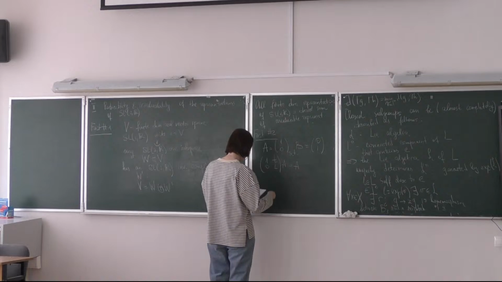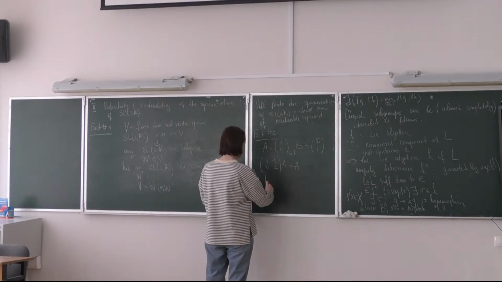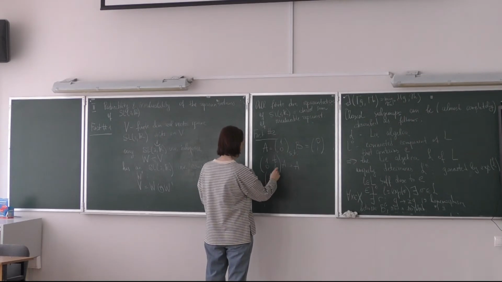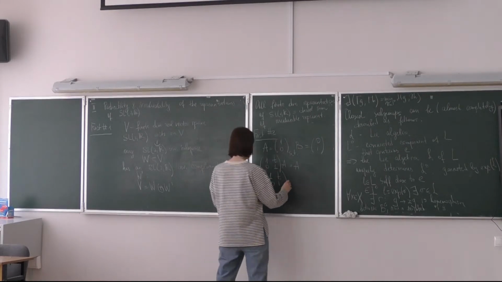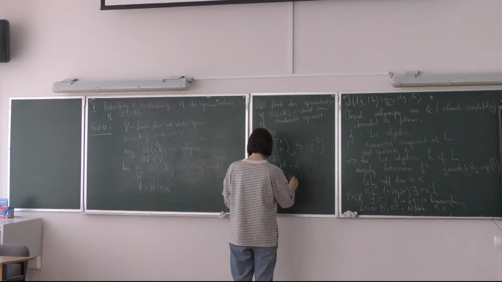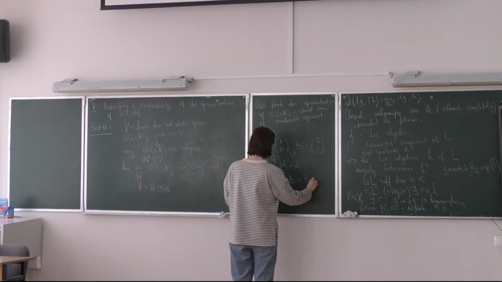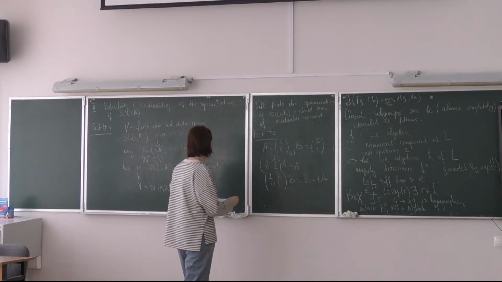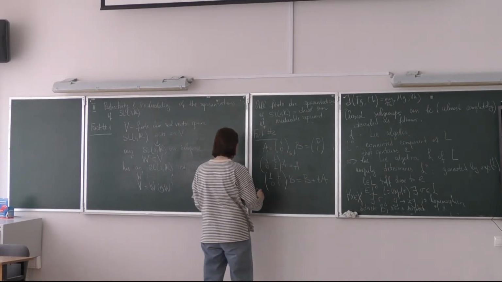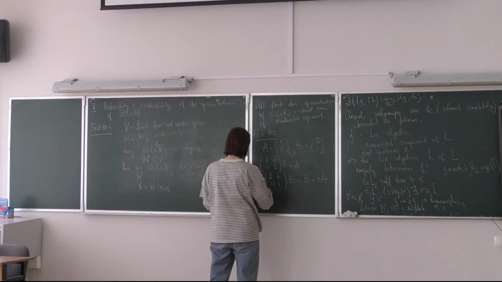And (1 t; 0 1) on B. What is it? It's B plus tA. So we can say that any irreducible representation, what is it?